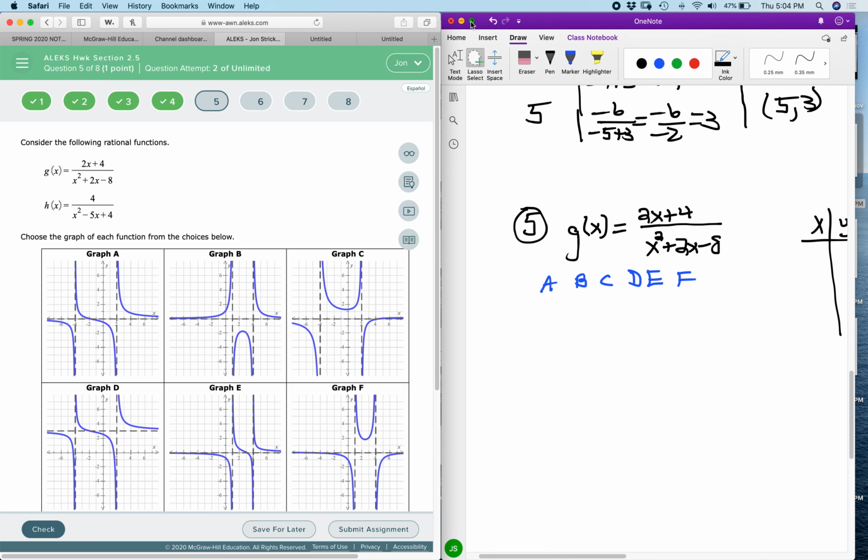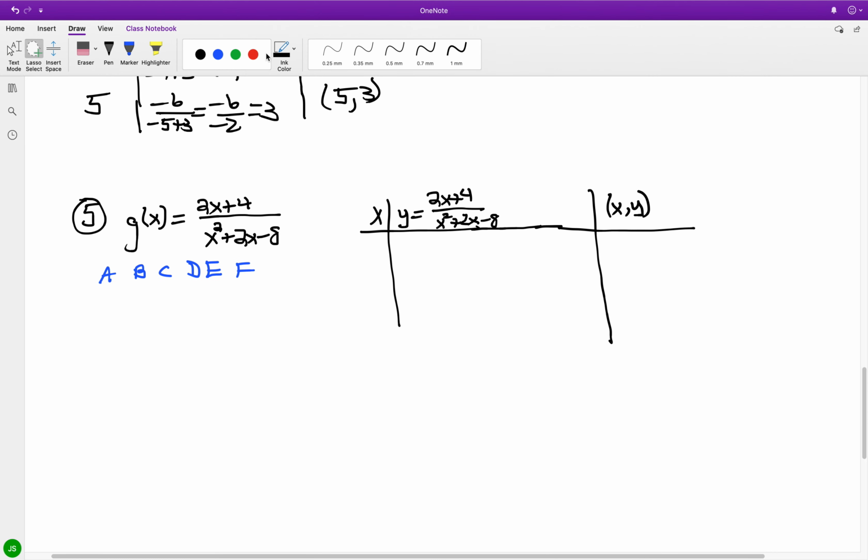Now, just looking at identifying what we have for the asymptotes, for the vertical asymptotes, those will stem from the exclusions of the domain of this function. So we have x squared plus 2x minus 8 cannot be 0.